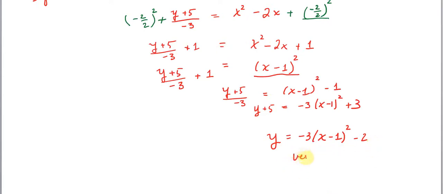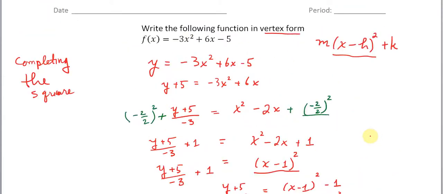We know the vertex of this function. The vertex will be at positive 1, negative 2. That's one big advantage. We have the negative in front, so we know that it's a parabola that's going to open downwards. And we can actually graph a pretty good picture of this when we have it written this way, rather than in standard form, which has other advantages, but when graphing, it's quite hard.